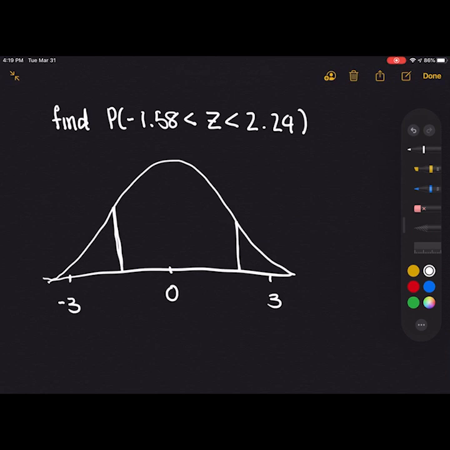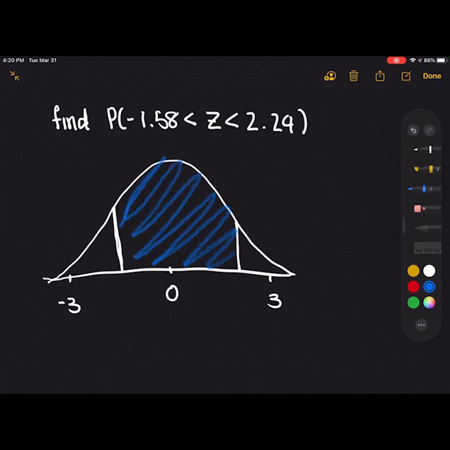Okay, so the most important thing to think about is that in these between questions, negative 1.58 is less than z, and z is less than 2.24. All of these questions are asking, what's the area under the curve between these 2 points?